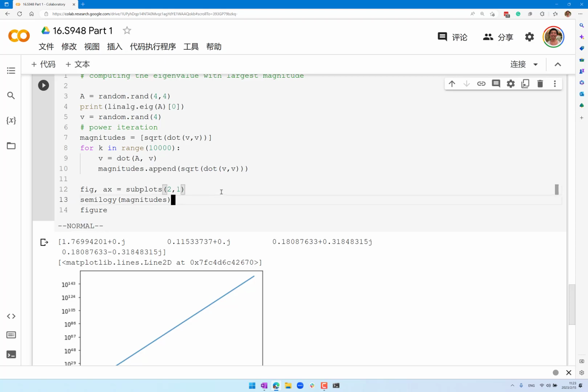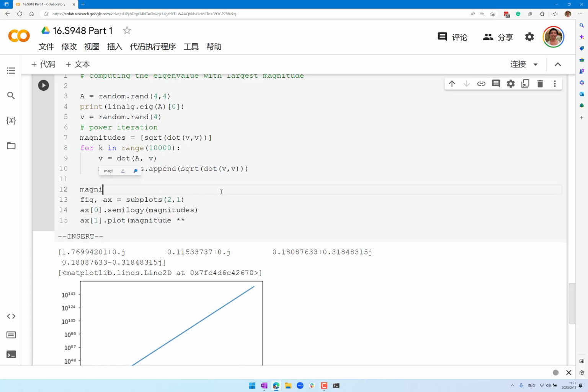Let's make two plots, and let's plot the magnitude to the power. I need to make magnitude a NumPy array.